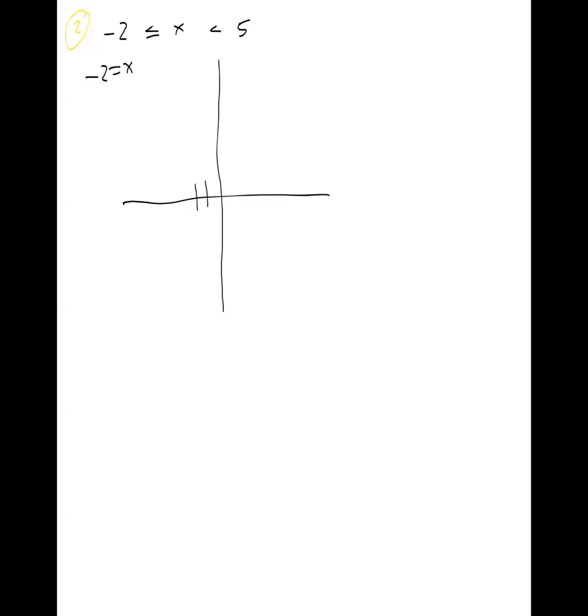So we're going to go to -2 and draw a solid vertical line, because when you have a line that does not have a y in it, that means it's a vertical line. Next, we're going to do the other half of it, x equals 5. 1, 2, 3, 4, 5. Now this line is going to be a dotted line. So we're going to do an open point at 5 and do a dotted line going straight up.